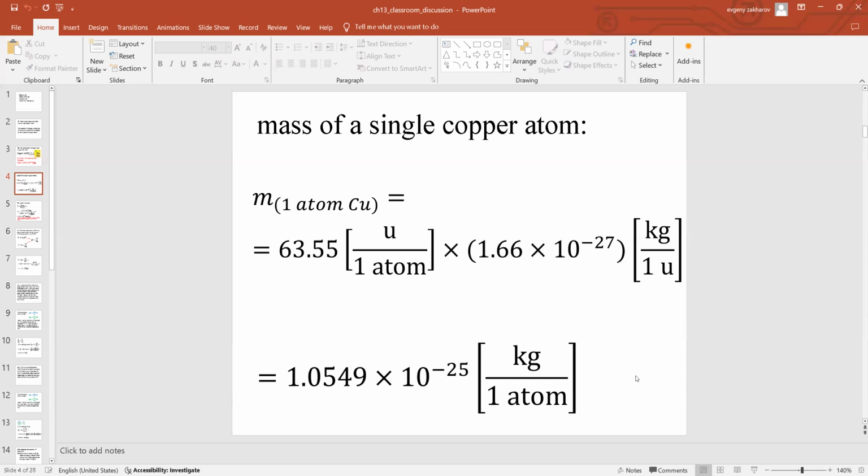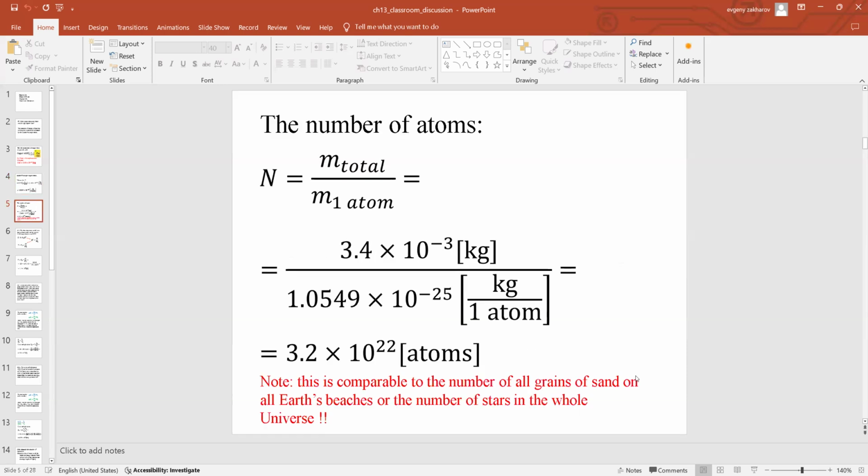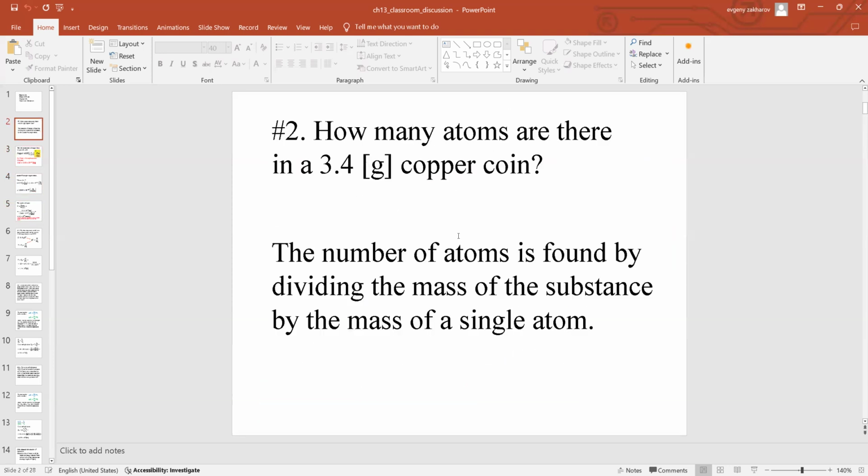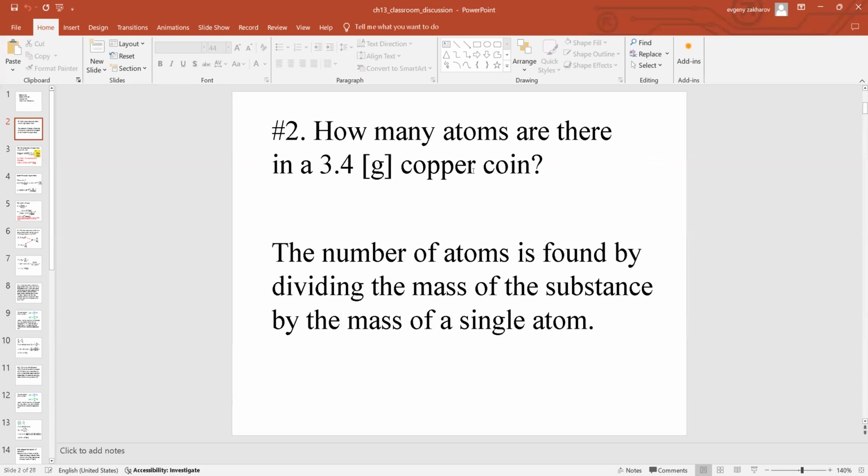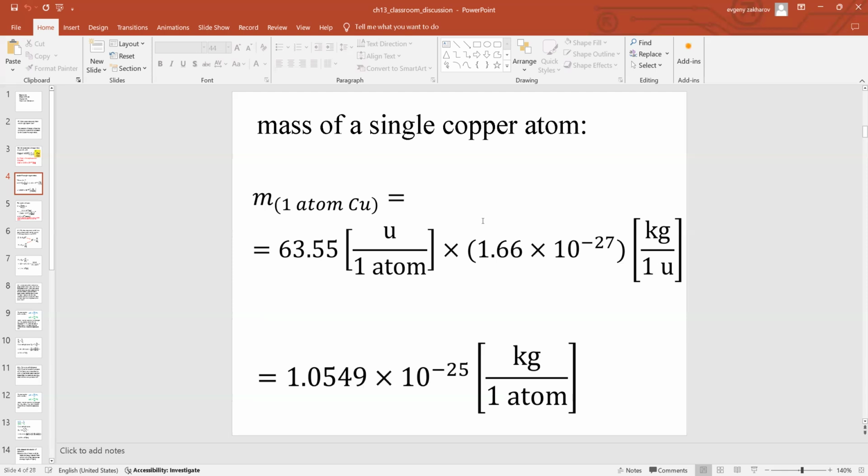Well, that's it. Nothing else here. So moving on to the number of atoms. It's not the Avogadro's number yet. Oh, you don't even need the Avogadro's because you already have the mass given. See how it's 3.4 grams in the coin that we're talking about.